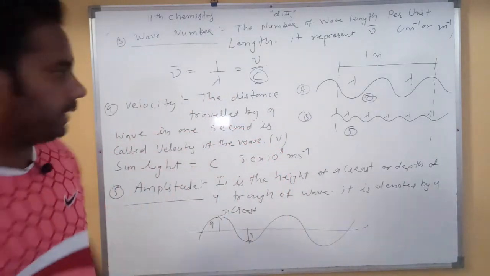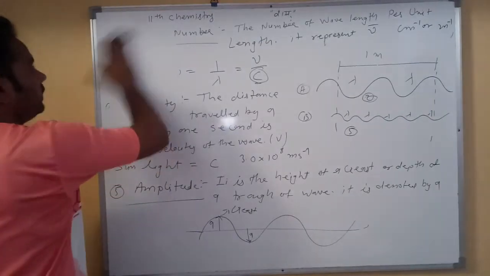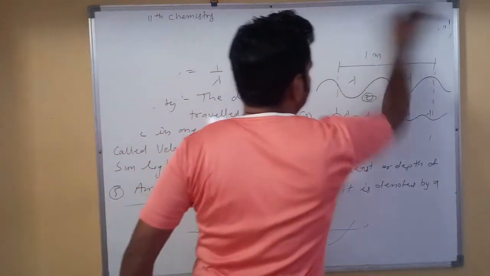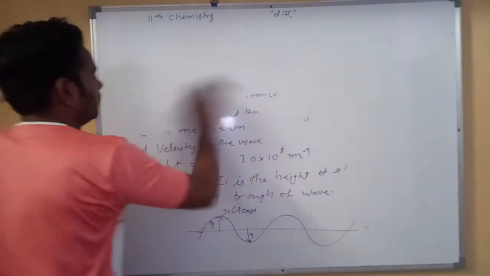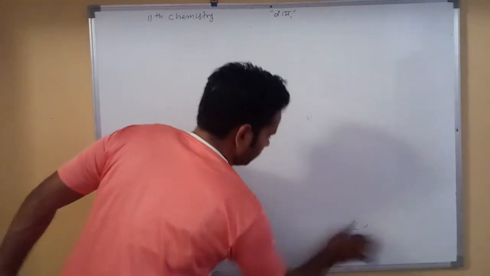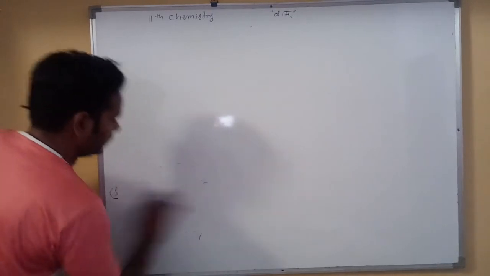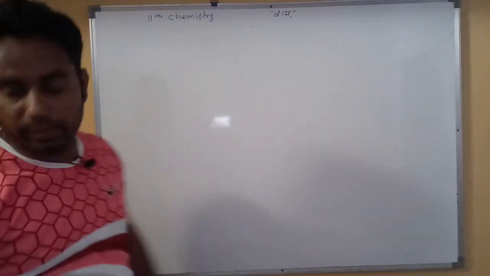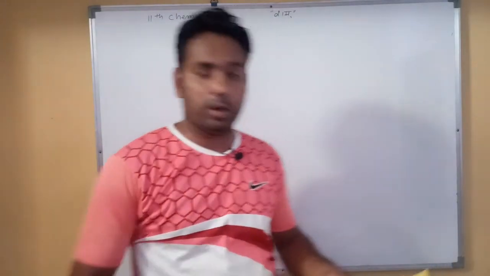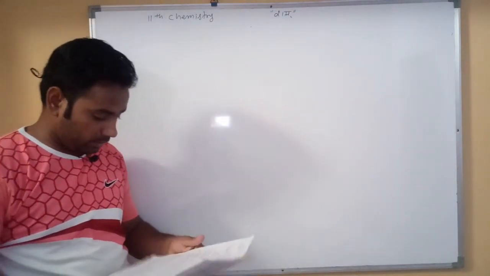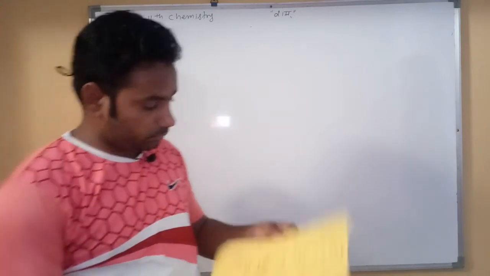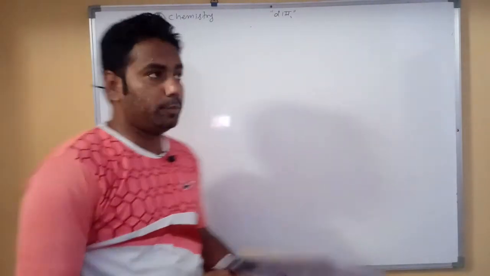Again we have some examples on the basis of all these definitions, all the parameters like wavelength, velocity, etc. We have some examples from our NCERT book.